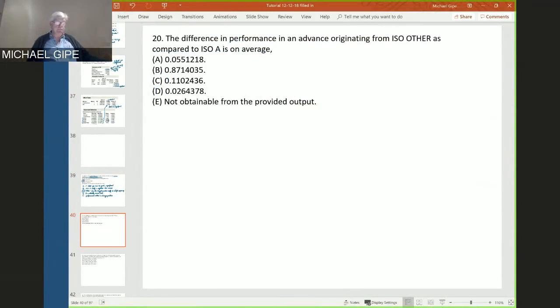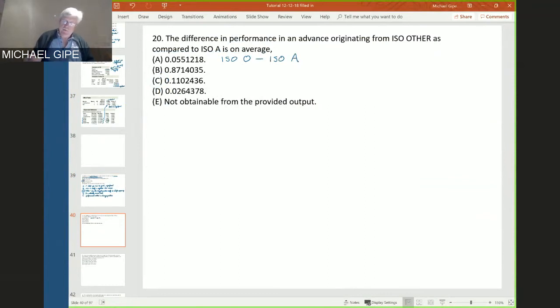How about 20? The difference in performance in an advance originating from ISO other as compared to ISO A is, on average, what? What are these numbers? This one, if you look at it, is ISO other minus ISO A. Okay.